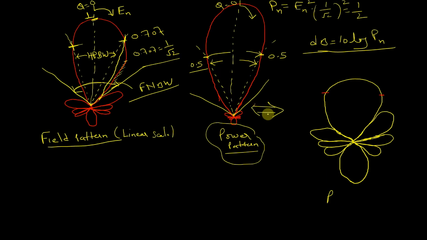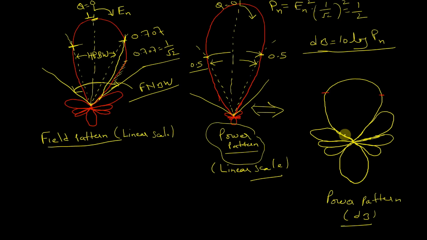If you take the logarithm of this, this is the power pattern in dB scale. That was the power pattern in linear scale. By using this relation, dB equals 10 log Pn, we can have this.